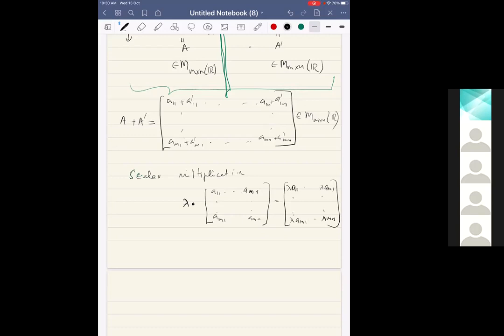It's the most obvious thing you can do. But it does make this into a vector space.